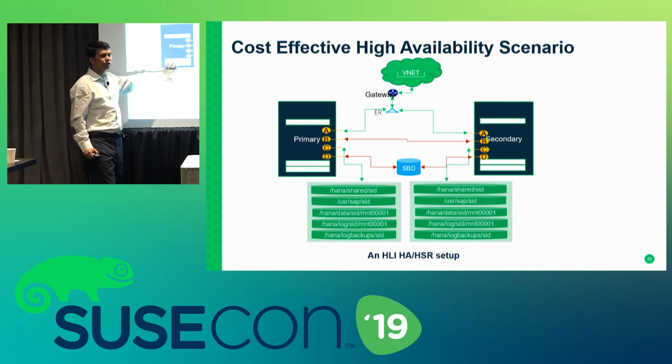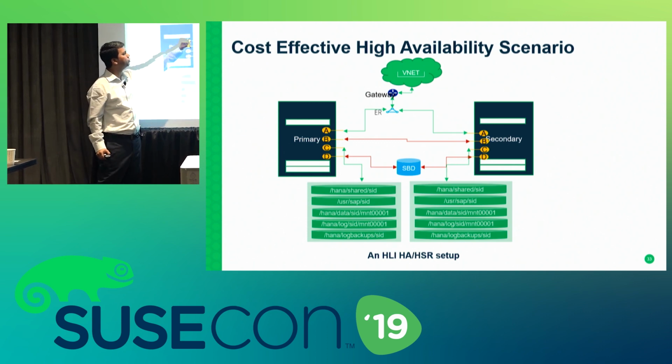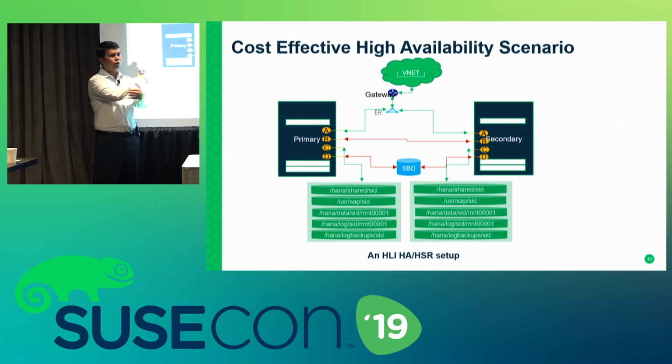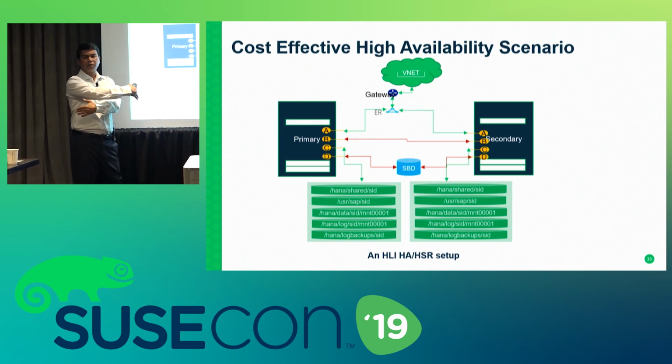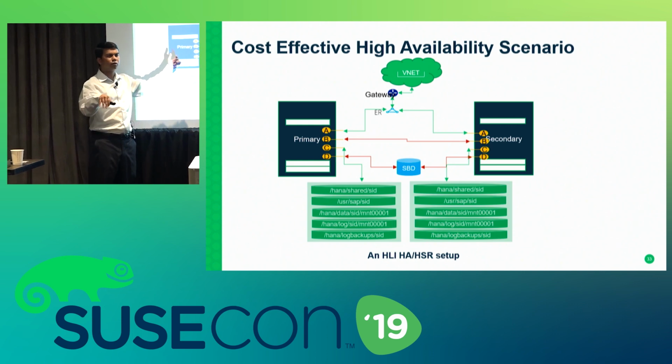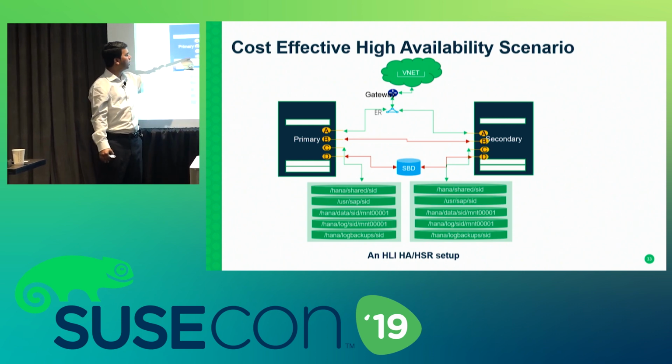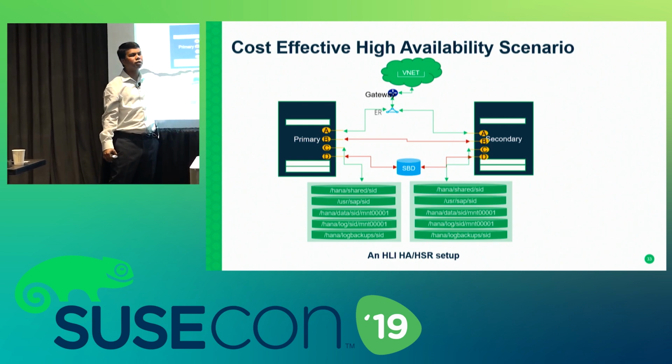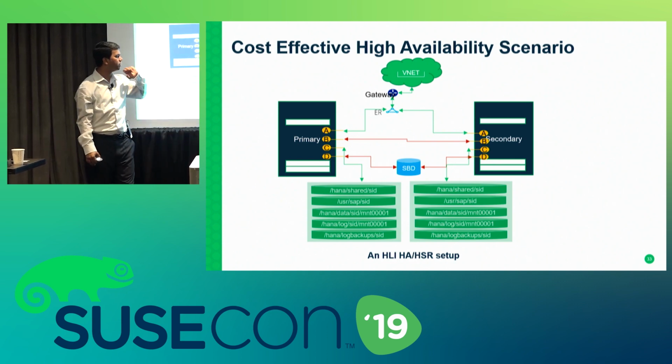It has 4 interfaces. Interface number 1 talks to your Azure VNet. This is where I was talking that you should set your MTU to 1500. The second one talks node to node so that you can have HANA system replication going. Third is your node to your storage so that you can talk fast to your storage. And the fourth one is your SBD device, STONITH based device.